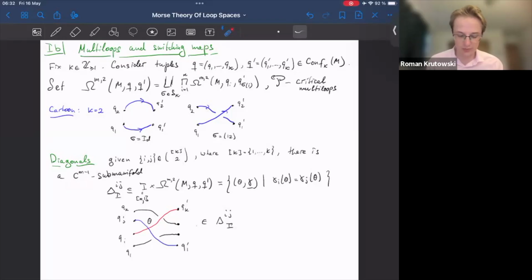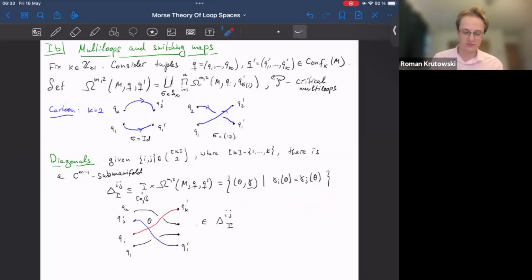But if you drop this space here, you would have a problem, and I don't think inside this space, this kind of thing where paths intersect at some point, it would be a really bad subset. Okay.